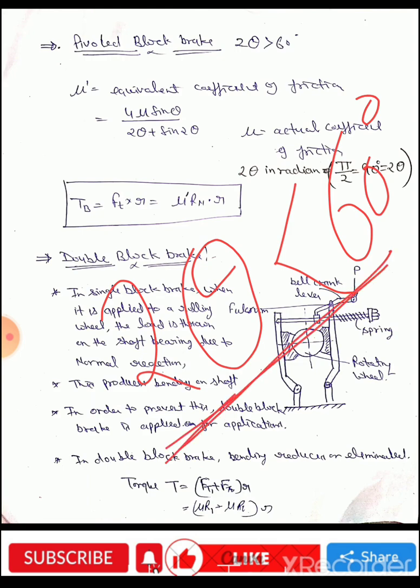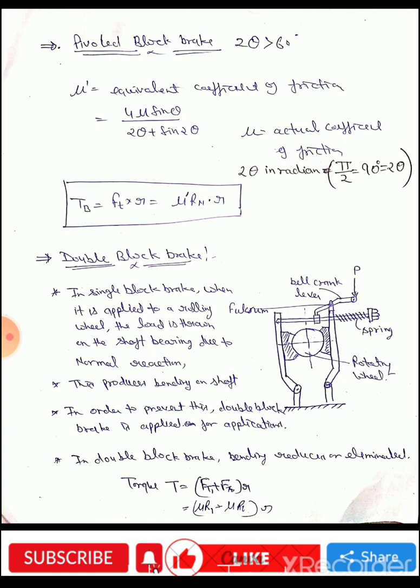Please note it down, in single block shoe brake 2 theta is always less than 60 degree. In pivoted block brake 2 theta is always greater than 60 degree. That is equal to 70 degree, that is also equal to 90 degree.